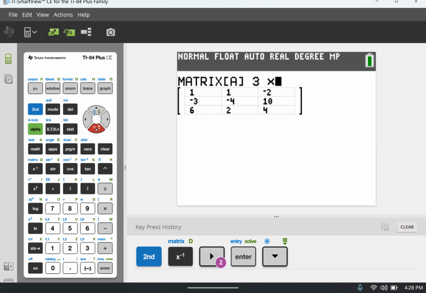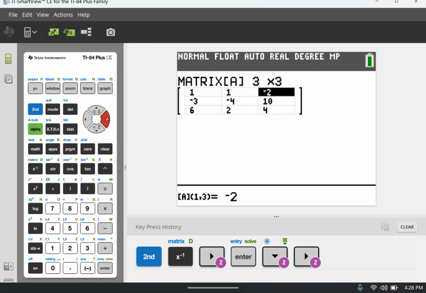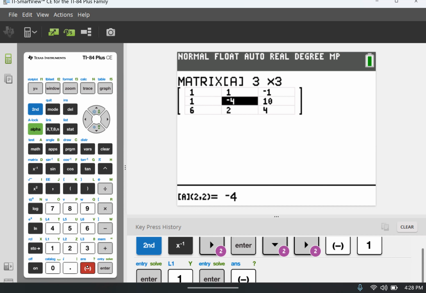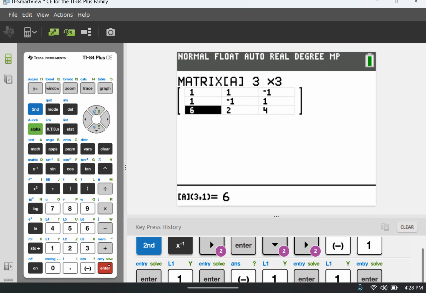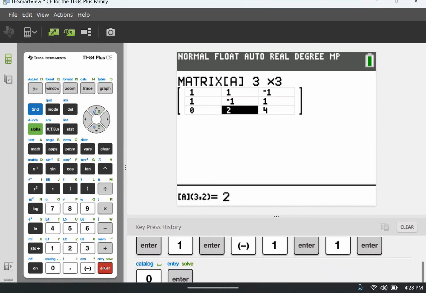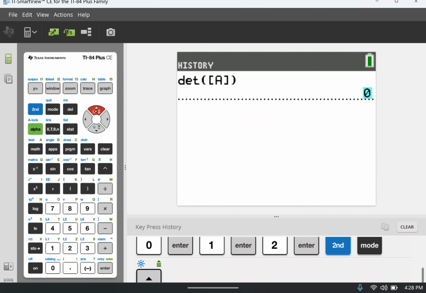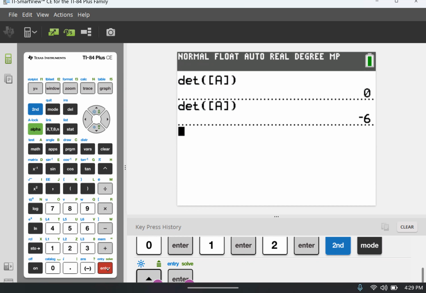Let's show it both ways. So I enter 1, 1, negative 1, then 1, negative 1, 1, then 0, 1, 2. I can take the determinant of A, and the determinant is negative 6.